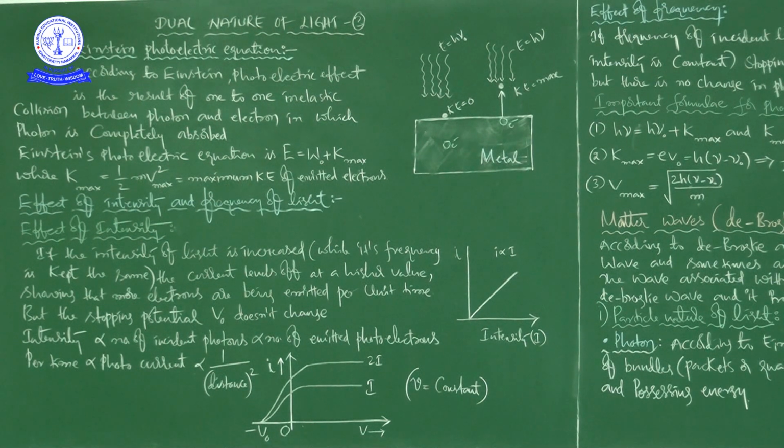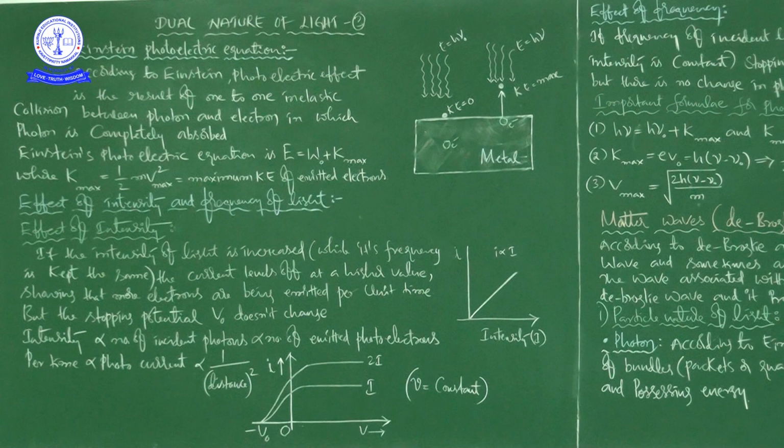At a particular negative potential of plate Q, no electron reaches plate Q and the current becomes 0. This negative potential is called the stopping potential and is denoted by V0. We discussed this in the first class of dual nature of light.